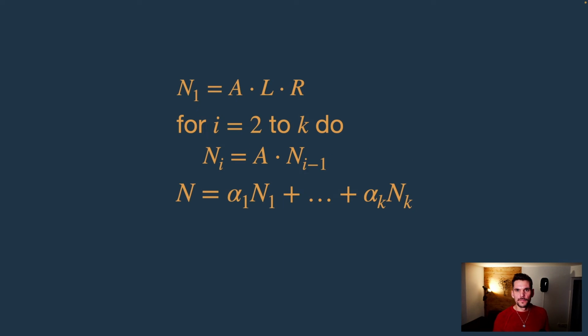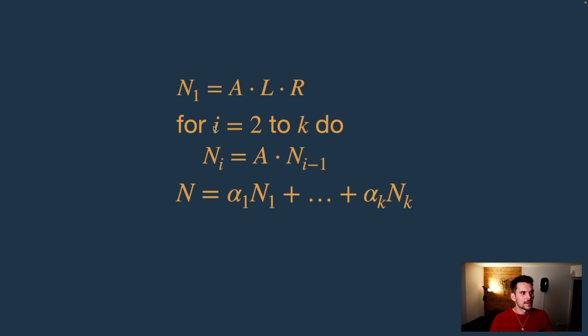So the final algorithm that they claim in the paper is basically the same formula, just written down a little bit different. So the resulting matrix for step 1 is called N1, and it's basically our transition matrix times our normalization matrix times our random projection matrix.